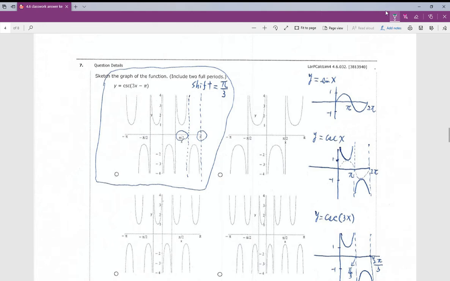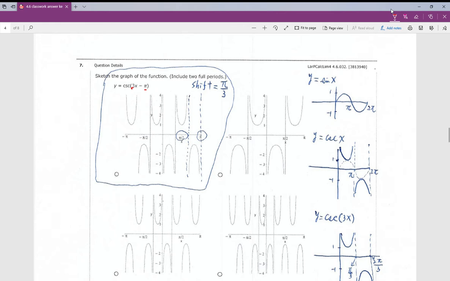Okay, so right now we want to use the formula to help us. The shift is pi divided by 3. So the graph needs to shift. Now I have some parent graphs to help. First you have the sine function, and then you have the cosecant function.